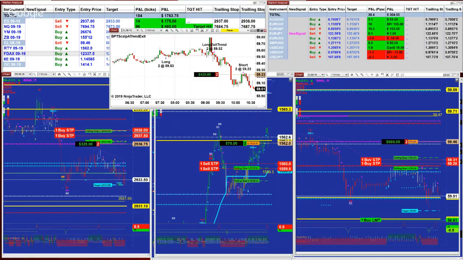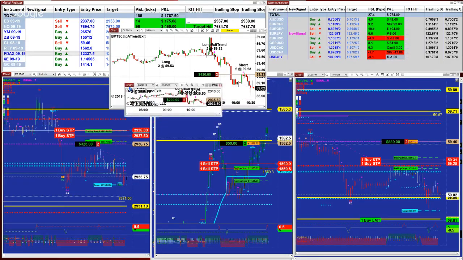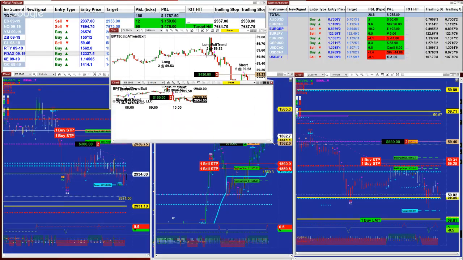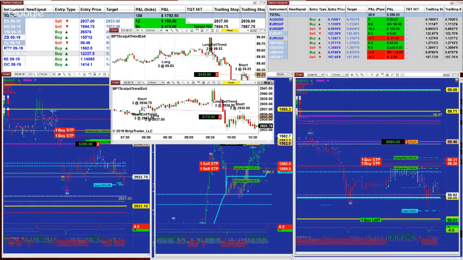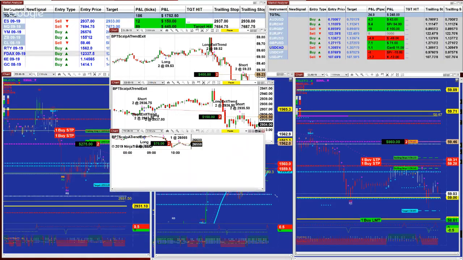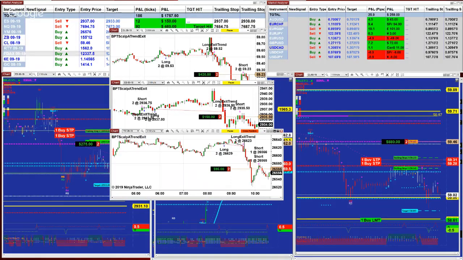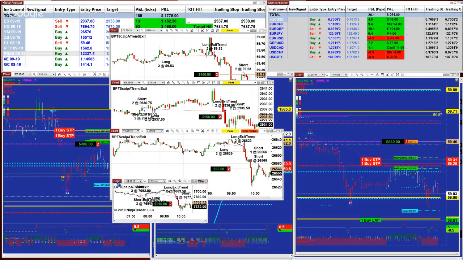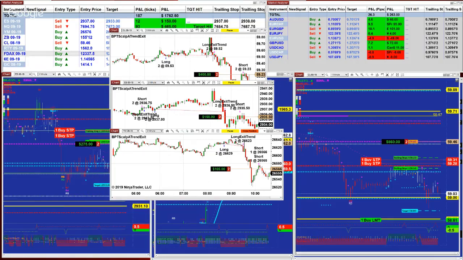They're all going in the same direction. The ES, CL, all of them are the same time frame, and not some wishy-washy charts. This is a short on the YM, and this is a short on the NASDAQ. They're all in the same direction, short.